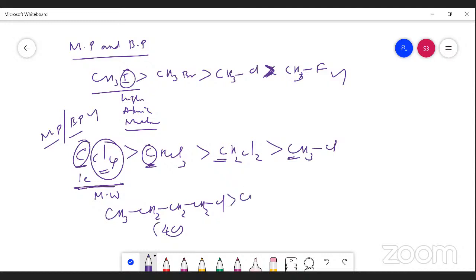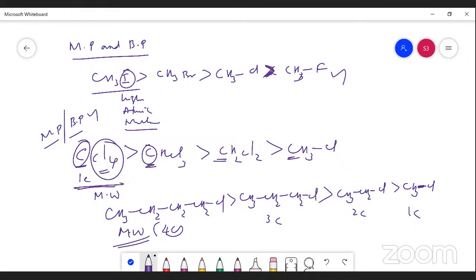Then propyl chloride has 3 carbons. Then ethyl chloride has 2 carbons. Then methyl chloride has 1 carbon. The one with more molecular weight has a higher melting point and boiling point. This is the point you should understand.